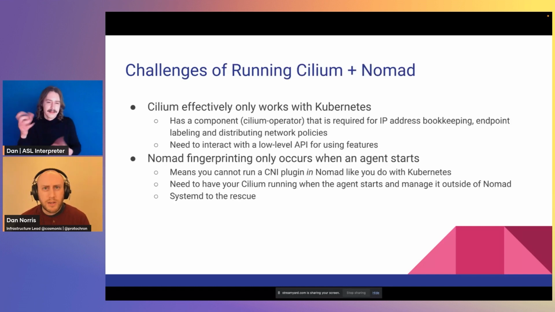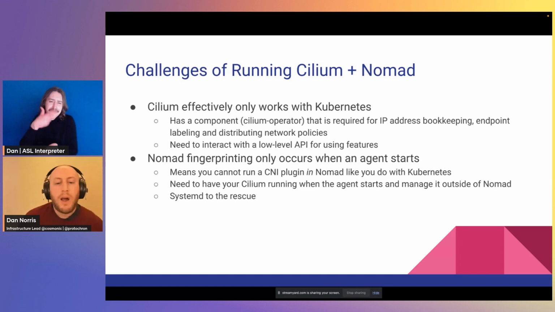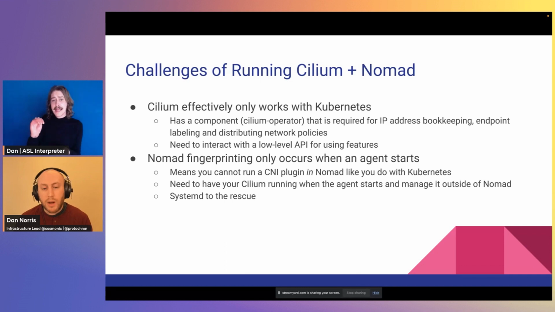But some of the challenges of running Cilium are a little bit structural with Cilium as a project. It effectively only works with Kubernetes, right? I think that's a deliberate design decision on the part of the project, which I think is reasonable given what they're trying to target. But a lot of the bookkeeping that Cilium does behind the scenes is actually driven by a Kubernetes operator called the Cilium operator.